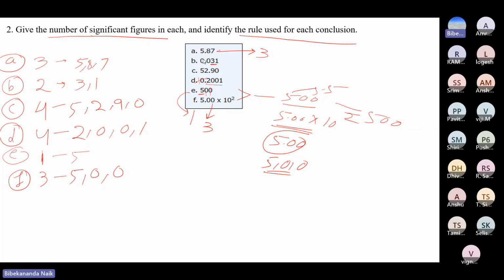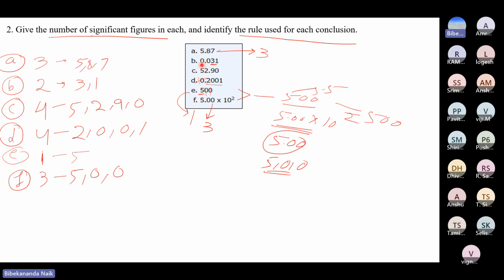So here all three have significance. So in A, it is 5.87 and all three digits 5, 8 and 7 are significant figures.